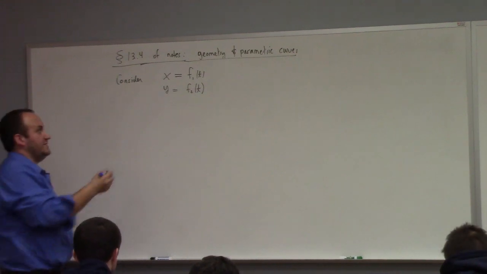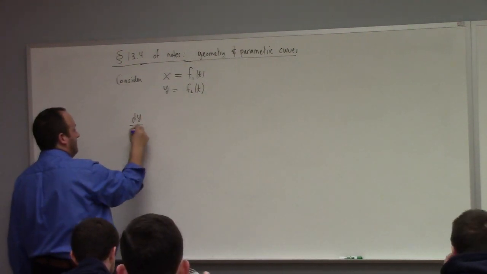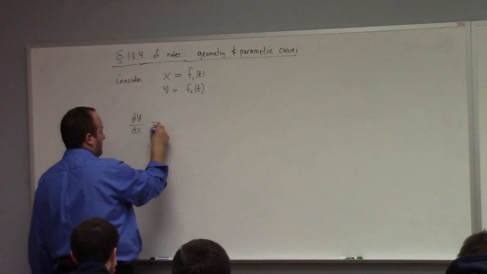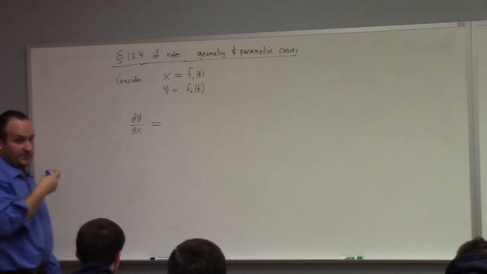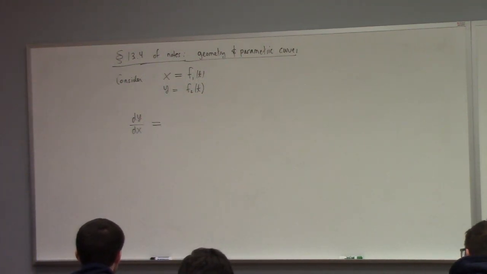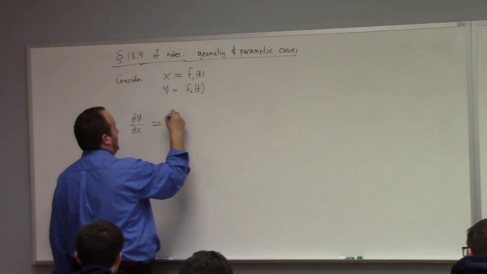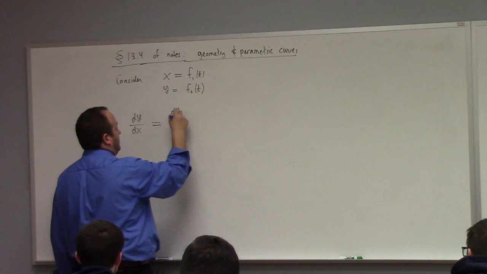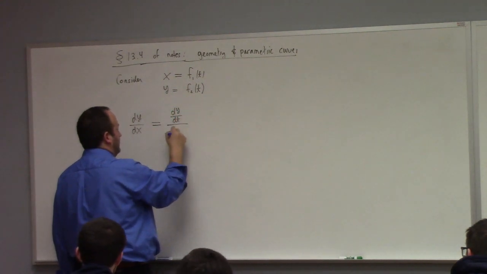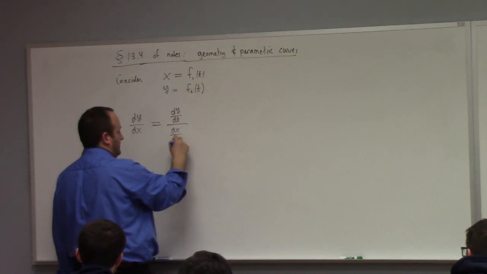So first of all, what would dy dx be? It turns out, if you analyze this, that dy dx can simply be calculated by dy dt divided by dx dt. All right?